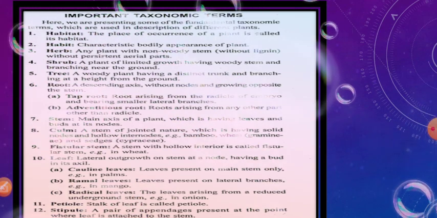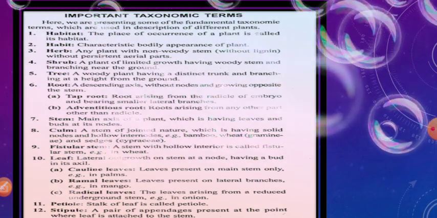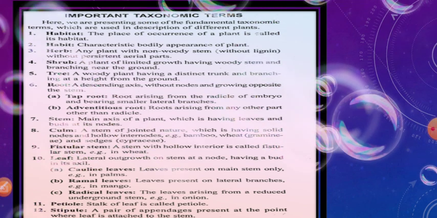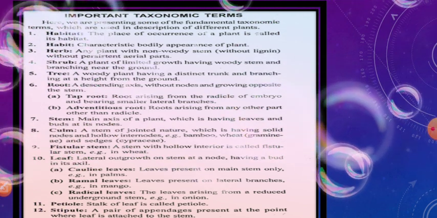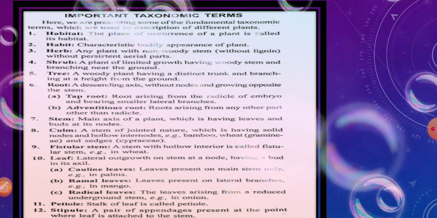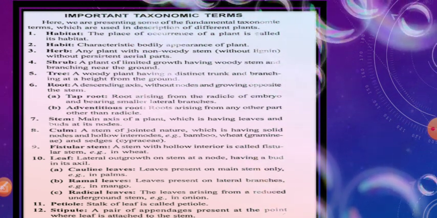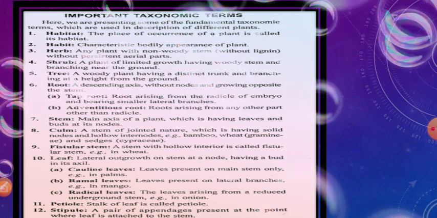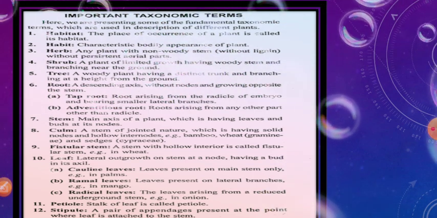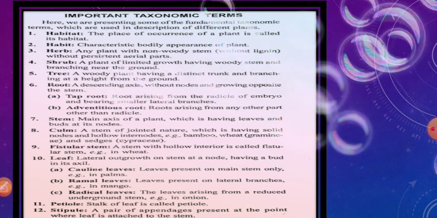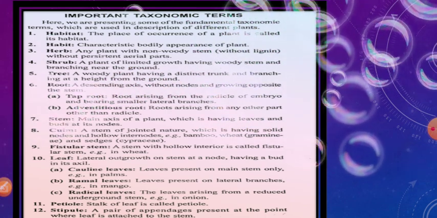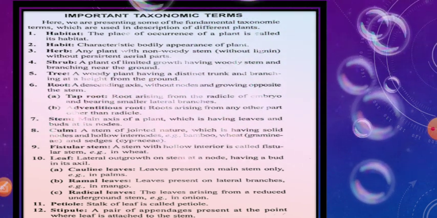The joints are known as nodes, and between two nodes are the internodes, which are hollow. In wheat, the Gramineae family, and sedges, the Cyperaceae family, you can see the culm, nodes and internodes.